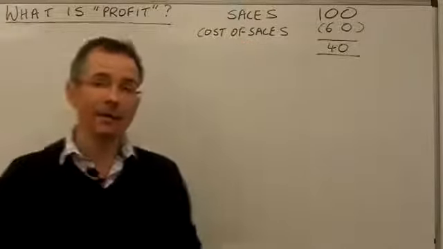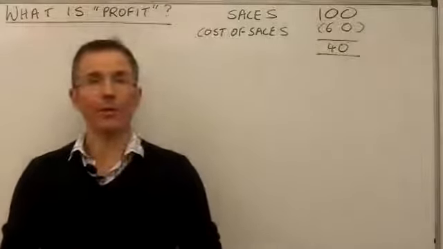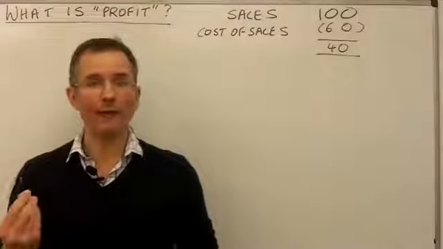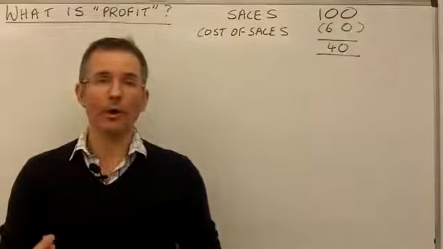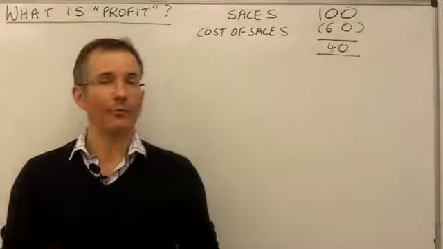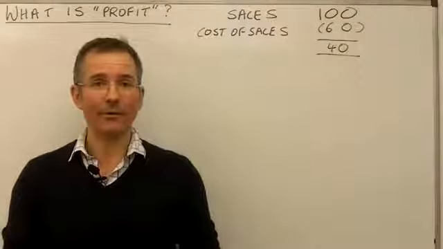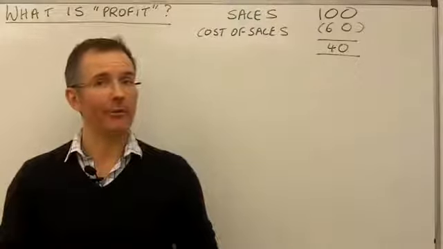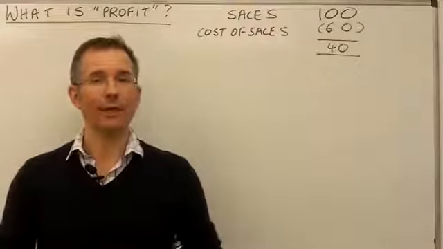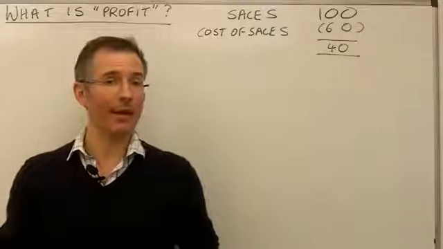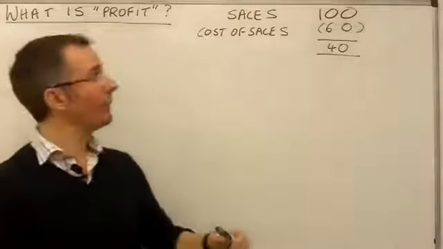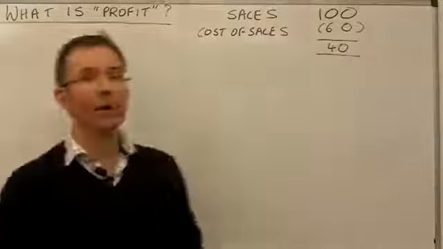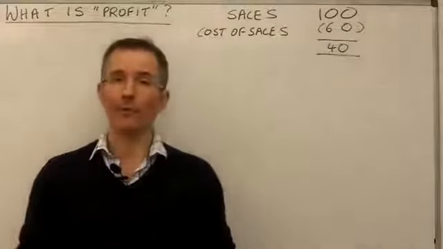So at a magazine, for example, that would be things like your publishing costs and your print and packaging costs. In other words, the costs that vary with sales. If you're not selling any magazines, you don't print them. Some costs don't vary with sales. Light, electricity and staff salaries. You have to pay those anyway. But cost of sales captures the costs that do vary with sales, sometimes known as variable costs.